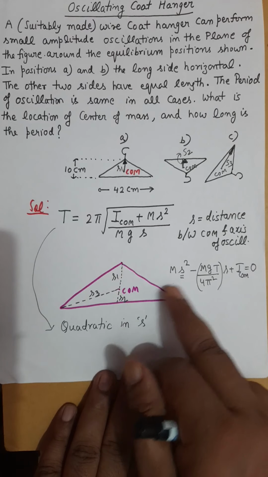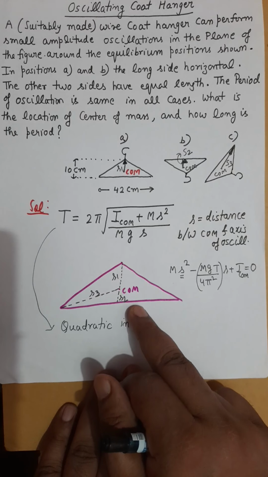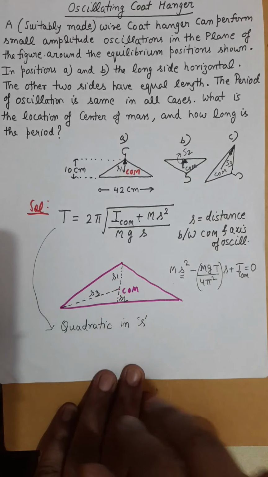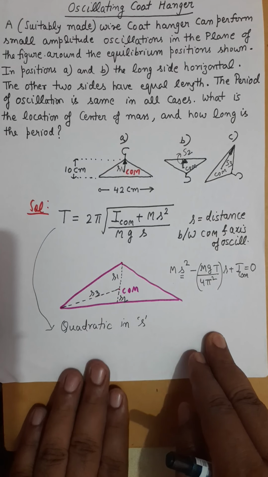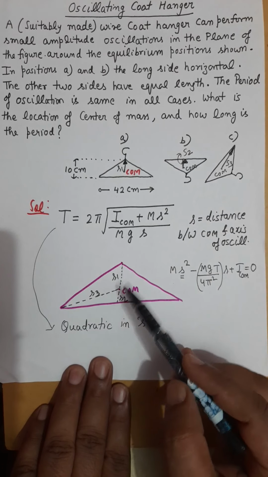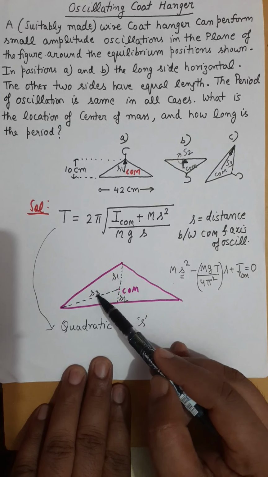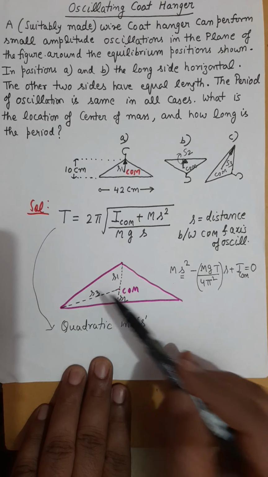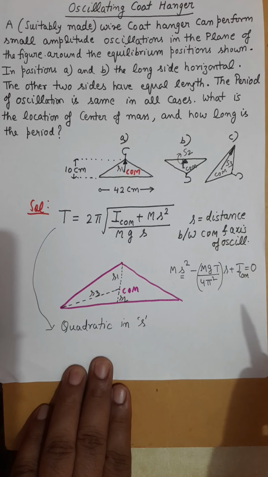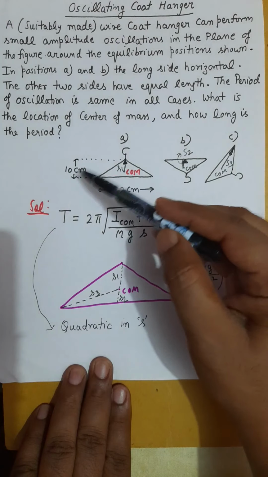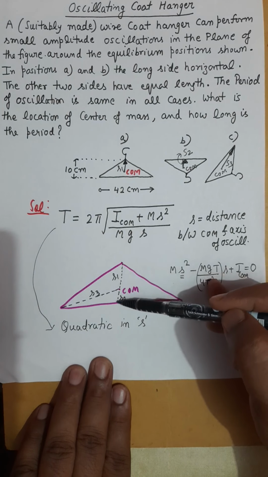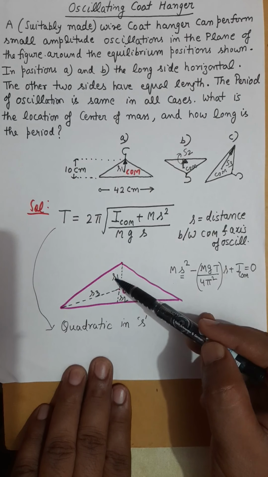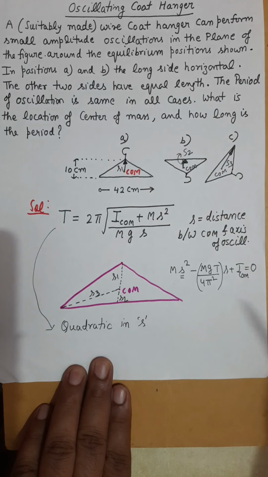So in order that both are true, the only possibility is that out of these three values two values are equal. Those two values can be either s1 equals s3, or s1 equals s2, or s2 equals s3. But notice this total height is 10 centimeter, so it is obvious that s1 is less than 10, s2 is less than 10.